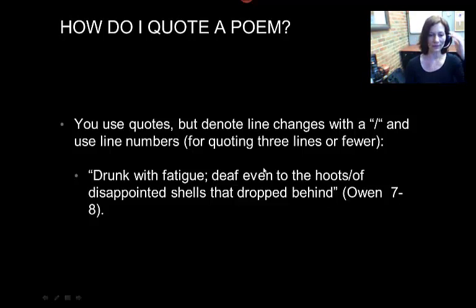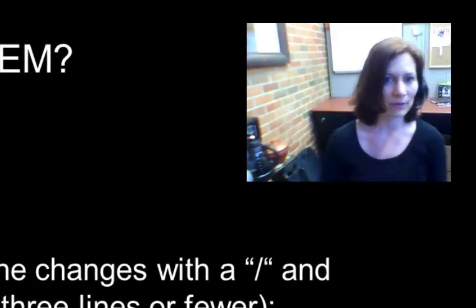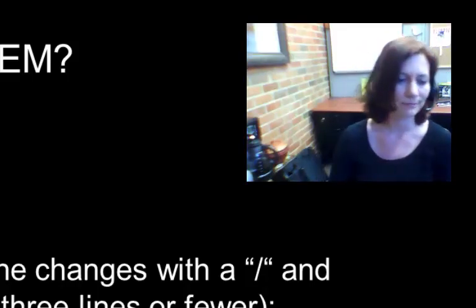So we're going to use Dulce et Decorum Est by Wilfred Owen, and the quote, the words that he says that we are quoting, open quote, "Drunk with fatigue, deaf even to the hoots of disappointed shells that dropped behind," end quote. Open parentheses, Owen 7-8. That's how we know that it's the line numbers. Okay? It could be page numbers, but if your professor doesn't know that that is a poem, then you've got bigger problems.